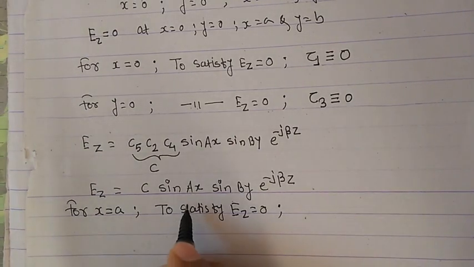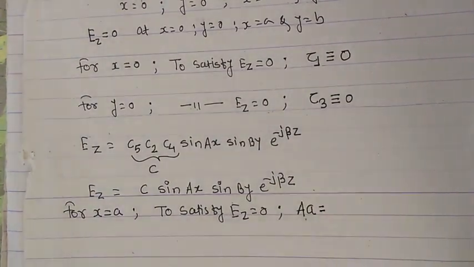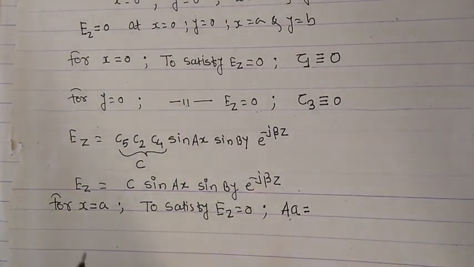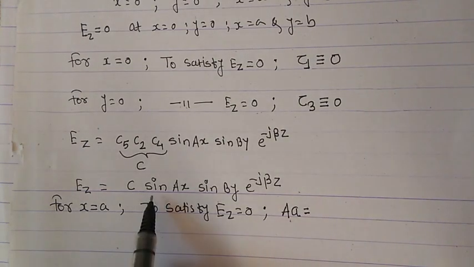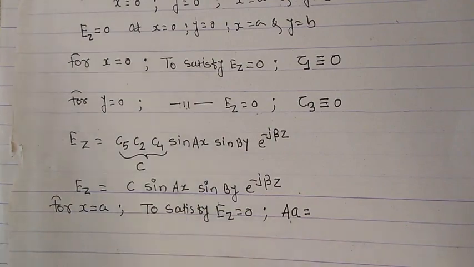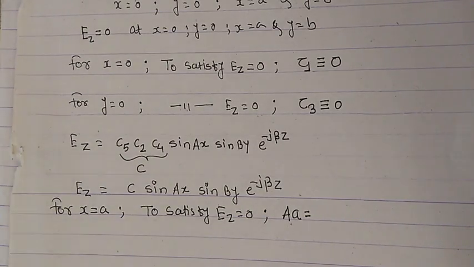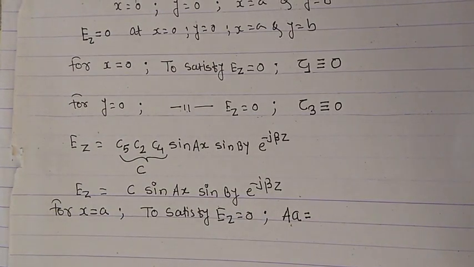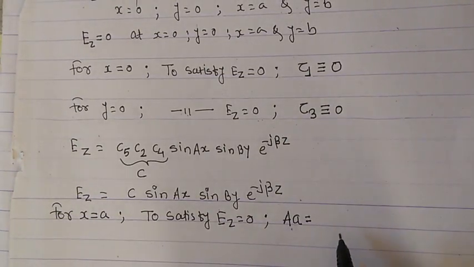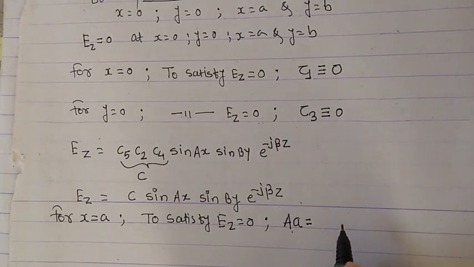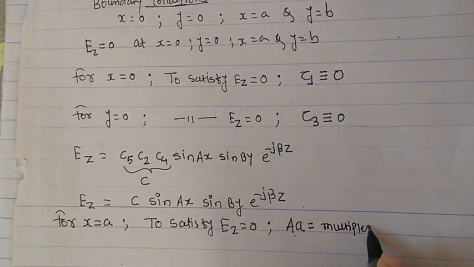What should be the value of aa at that time? This sine will become 0, this function will become 0, and if this becomes 0, then your Ez will become 0. You know that sine has its value 0 at multiples of pi. So this aa must be some multiple of pi.